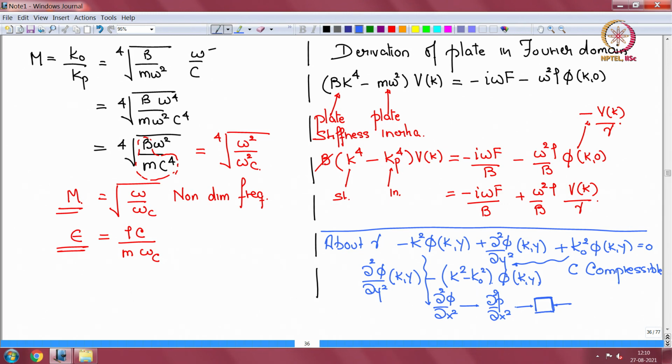So this term we will consider to be representing pressure, and this term to be representing compressibility.